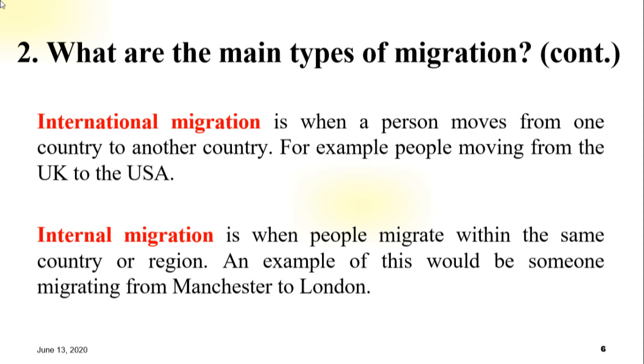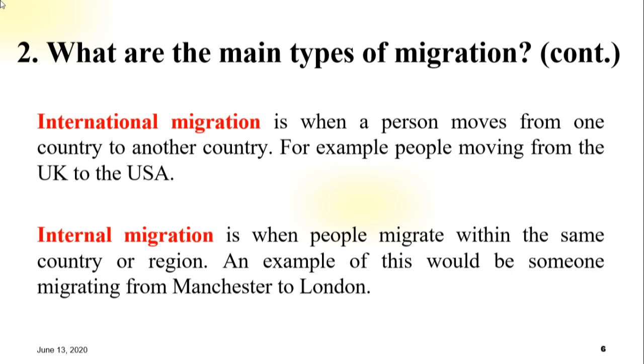One more point: internal migration is when people migrate within the same country or the same region. If we talk about Cambodia, it means they can migrate in the same province.